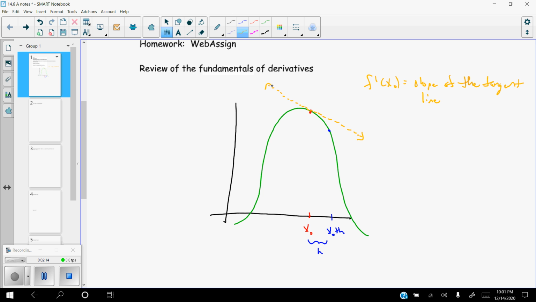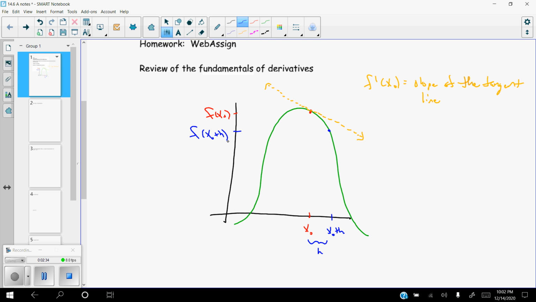Okay, there's also going to be, let's do it in red since I used red. Over here, this would be f of x sub 0. And in blue here, this one would be f of x sub 0 plus h.